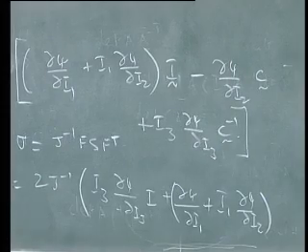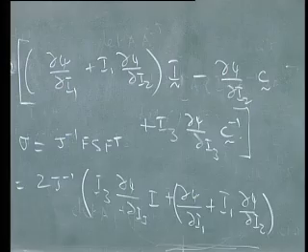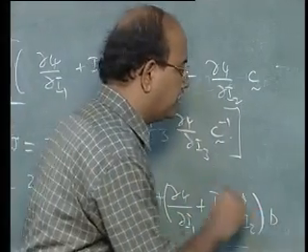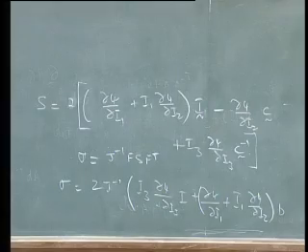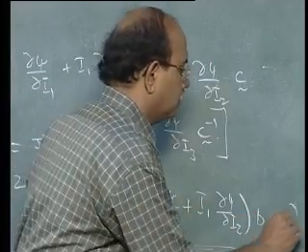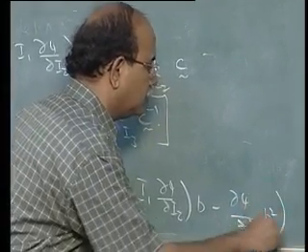If you want to express this in terms of B straight away instead of C, it's more appropriate. So you can write this as B minus dou psi by dou I2 B squared.